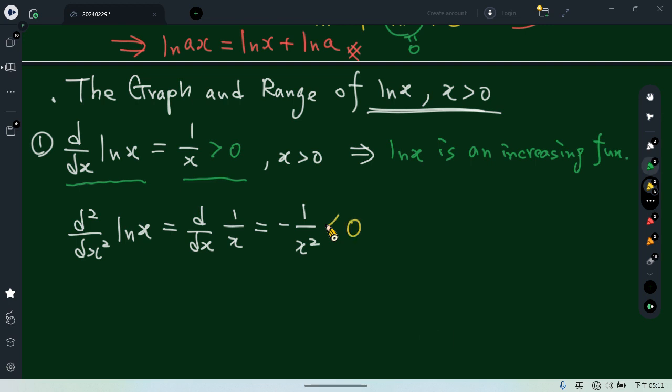So based on this result, we know ln x is concave down, right? So right now we can start to imagine that the curve is increasing, and concave down.